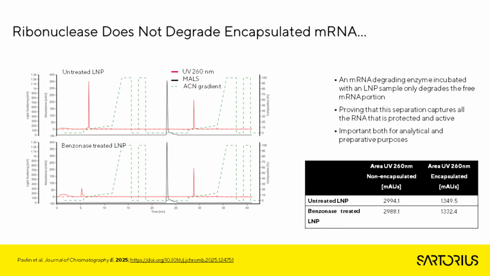Of course, a lot of questions were asked about whether we are sure that this system really gives us the right information, especially about encapsulated mRNA. The question was if all the determined encapsulated mRNA seen on this assay is really encapsulated, really protected, for example, from ribonuclease decay.